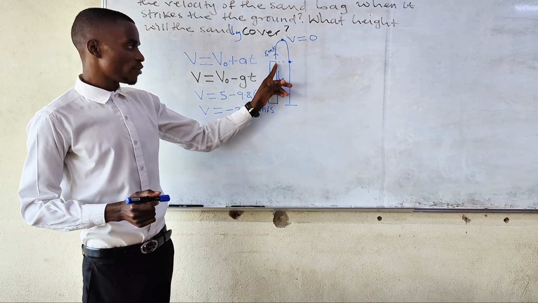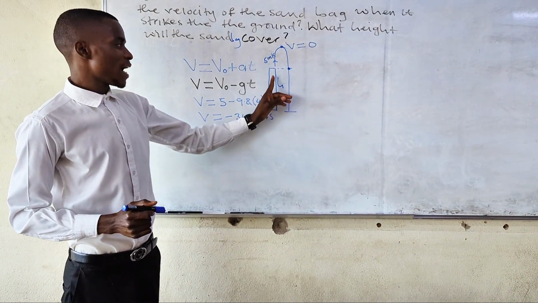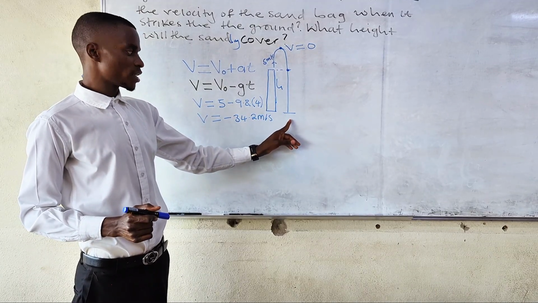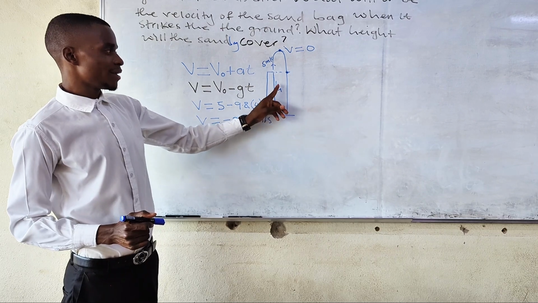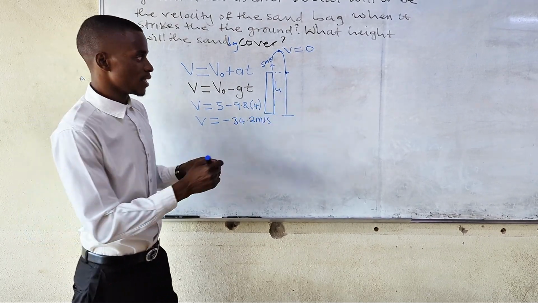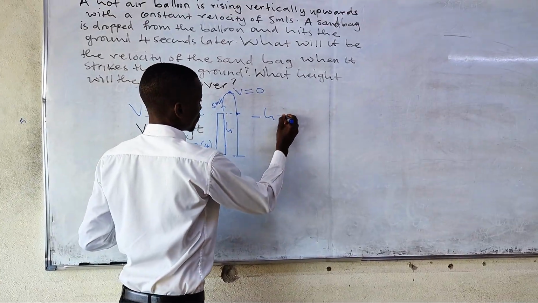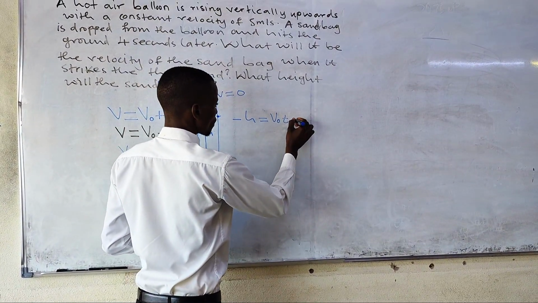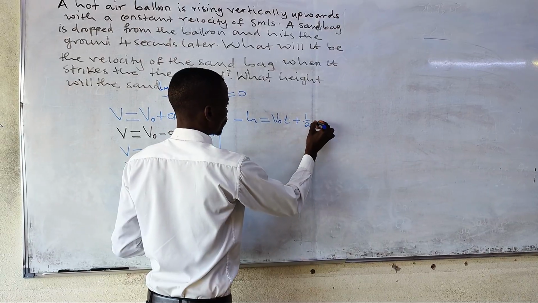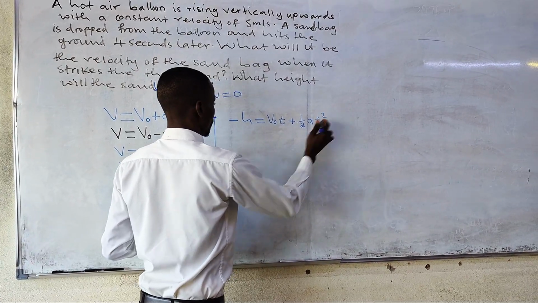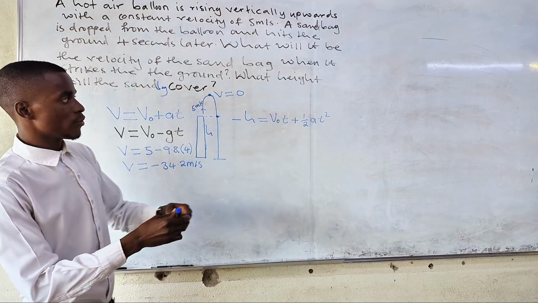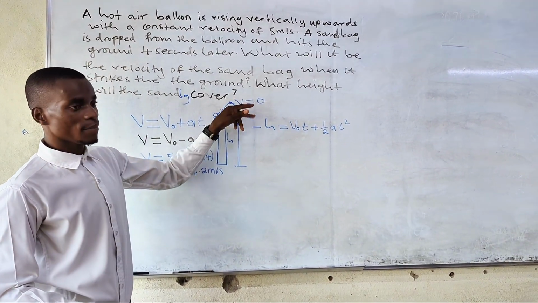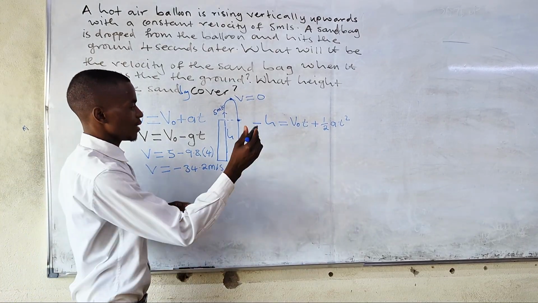Height: if a particle moves up and goes beyond the point of projection, or the point it was thrown from, this has to be negative. We said negative h is equal to the initial velocity multiplied by the total time, plus 1/2 acceleration multiplied by t squared. Since this is free fall motion, that acceleration is g, and since the object has been projected upwards initially, it will be negative as well.